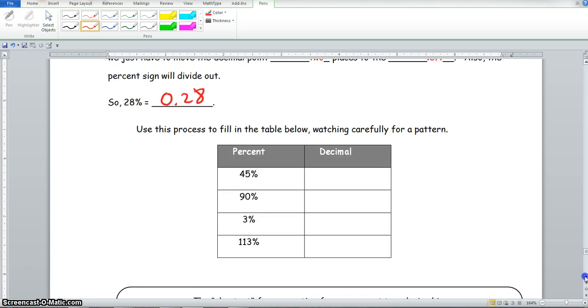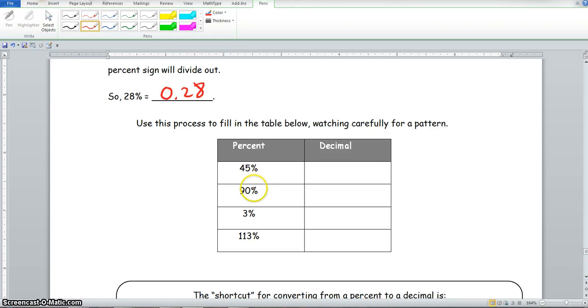Now, we want to use this process to fill in the table below. Let's just use the process of moving a decimal. That would make it easy. So this 45% is assumed to be a decimal at the end of this 45. So we move it 2 places to the left, and then our answer would be 0.45 because the percent sign drops off as well.